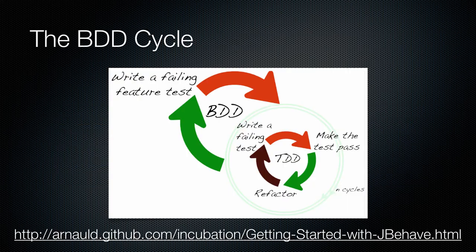So, all right, on to the BDD cycle. As I mentioned before, it's largely centralized around red-green-refactor, which is a TDD concept. You can see in this diagram at the lower right corner where it says write a failing test, and then it has a red, green, and brown arrow, which is labeled refactor, and that's wrapped around TDD.